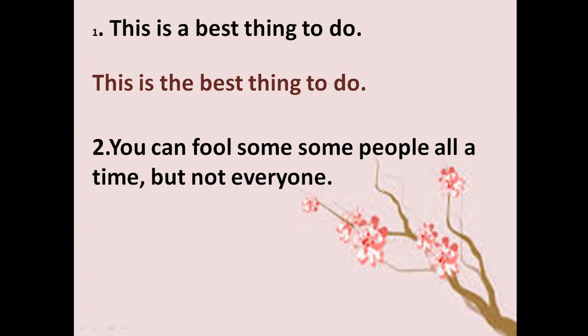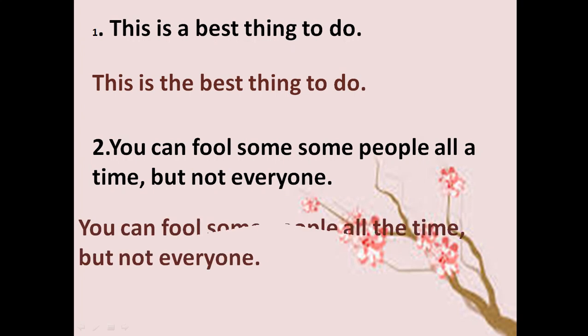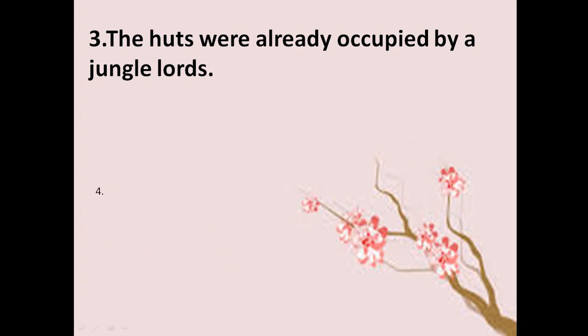We can't count time like 1, 2, 3, 4. Time is not countable. It is uncountable noun. So we can't use a with the time. So what should be the correct article used here? You can fool some people all the time, but not everyone. That will be the correct answer. Remove a and add the.